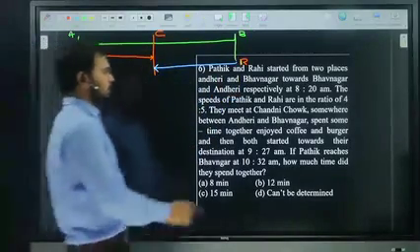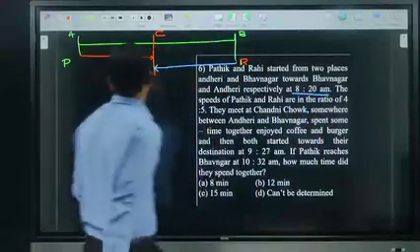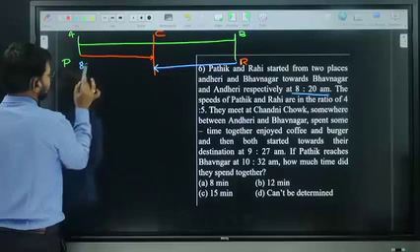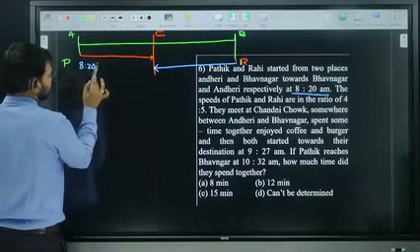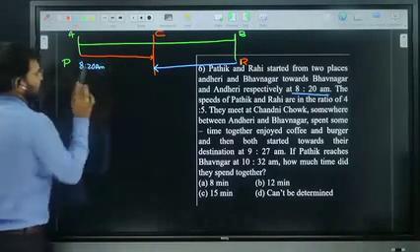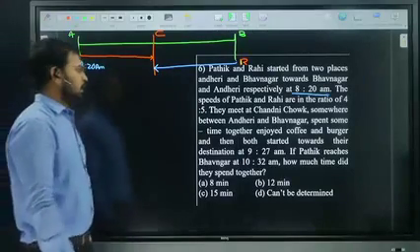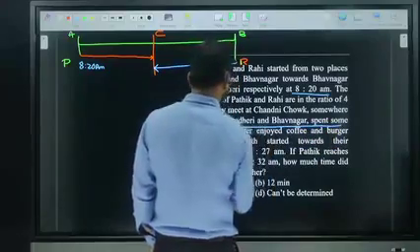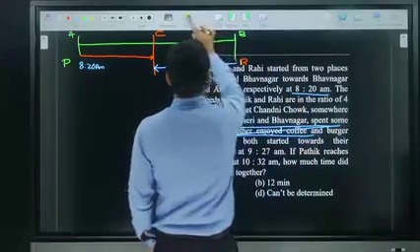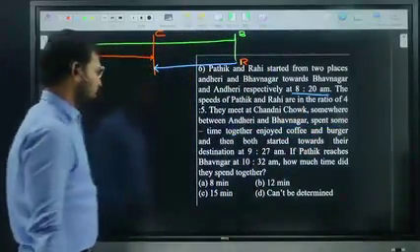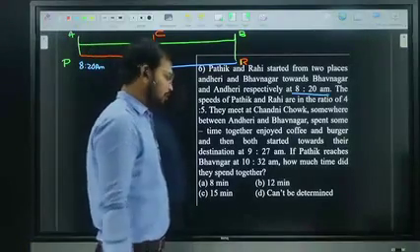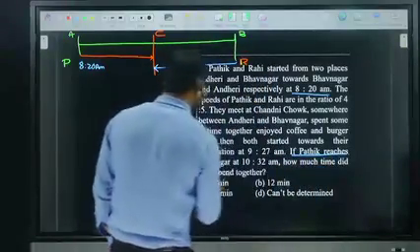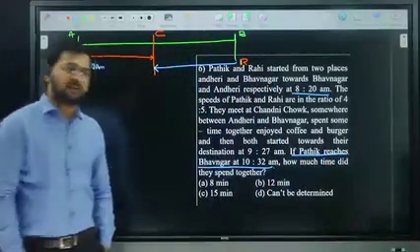What is the starting time? 8:20 a.m. They meet at Chandni Chowk somewhere between Andheri and Bhavanagar, spent some time together, enjoyed coffee and burger, and then both started towards their destination at 9:27 a.m. And Patik reaches Bhavanagar at 10:32 a.m. Listen carefully here.